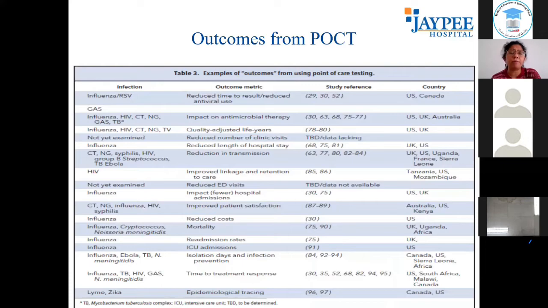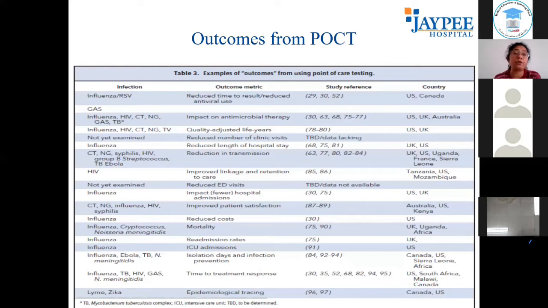So these are fair outcomes of POCT testing which have been measured if you look at it. So when they looked at it, I'll go by the influenza one, it impacted the antimicrobial therapy. As I said, most of the infections, be it upper respiratory and sometimes lower, most of the times are viral and not bacterial. So the antimicrobial usage can be optimized in that scenario.